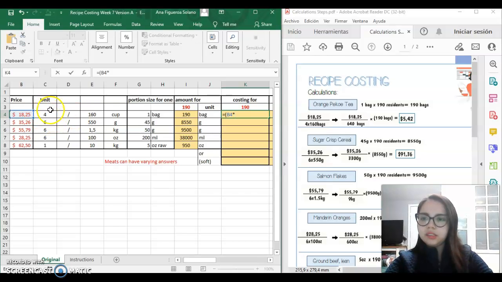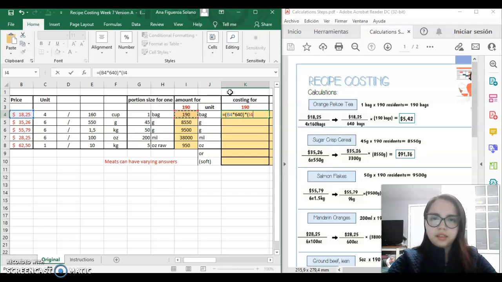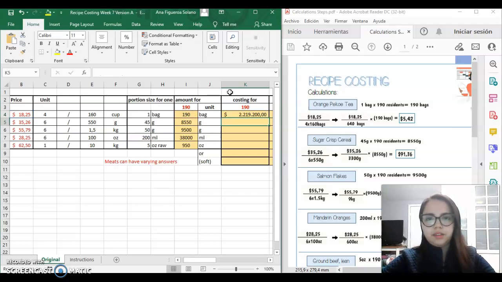So according to this, you have 4 units by 160 cups, and that gives us a result of 640 bags. So that's the number that goes here, close bracket, and then multiply by the portion. You can select the cell and then close bracket and press enter.